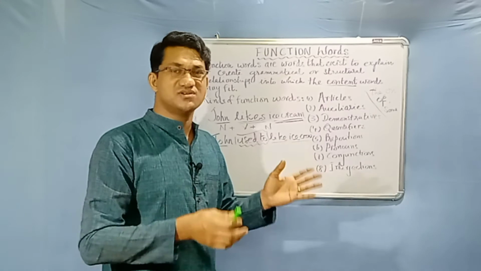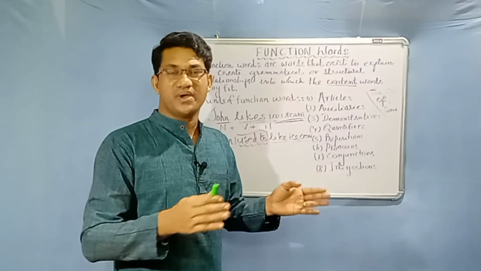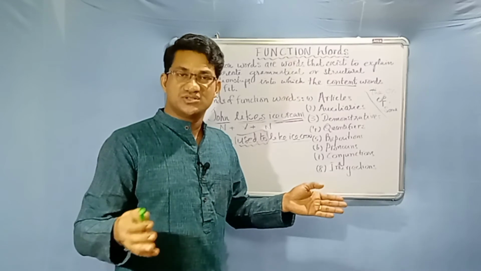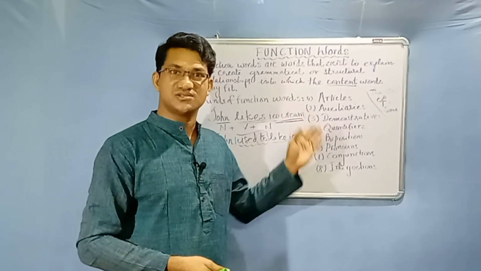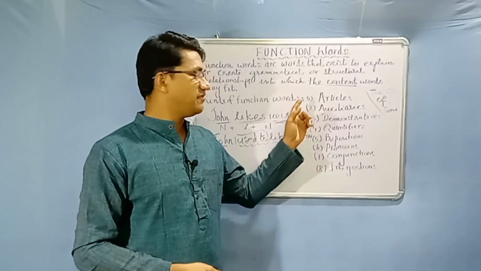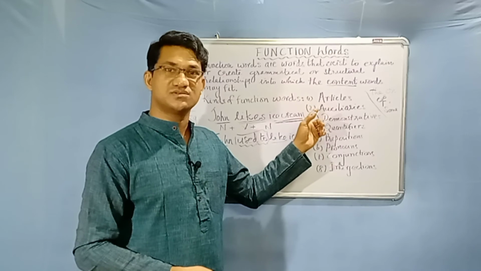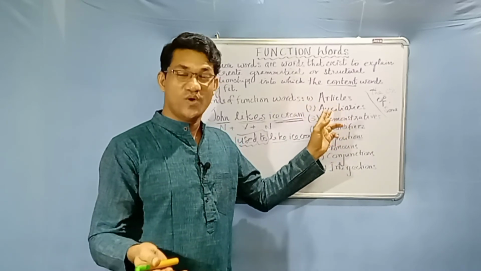These small little words like of, on, in, few, little, some, any, that, this can be classified into different groups, and we understand that there are 8 types of function words. The first type is articles. We know articles, right?